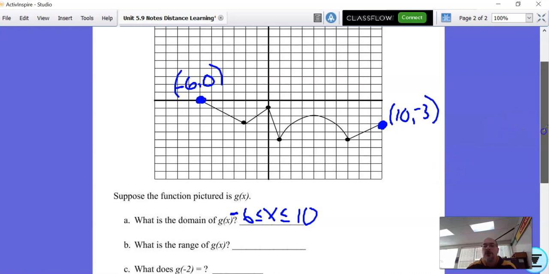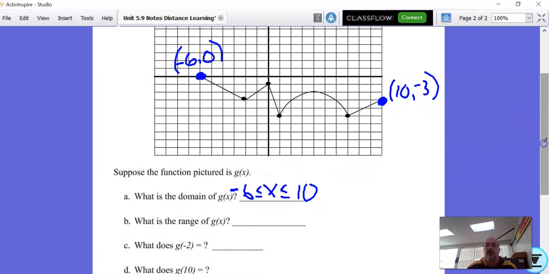All right, now the range, ladies and gentlemen, remember, is your highest dot to lowest dot. Well, there's two dots that are the lowest dots. So let's see. This one is 1, 1, 2, 3, 4, negative 5. And this dot is 1, 2, 3, 4, 5, 6, 7, negative 5.